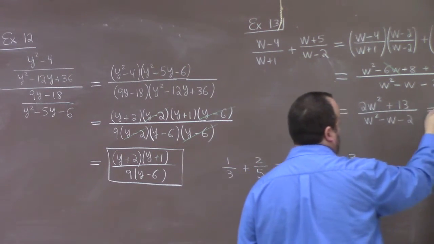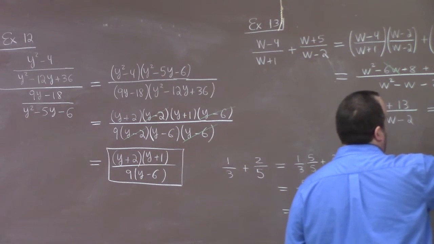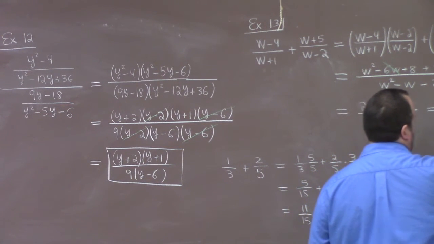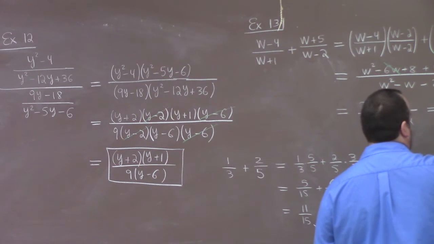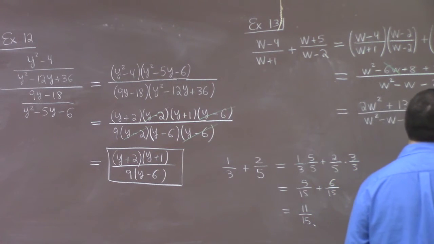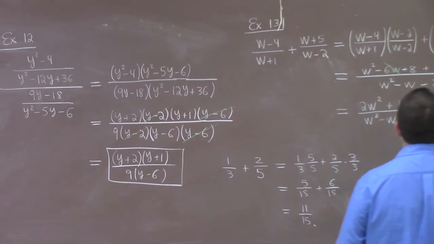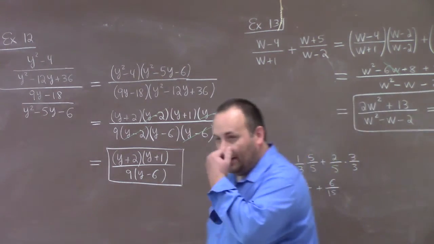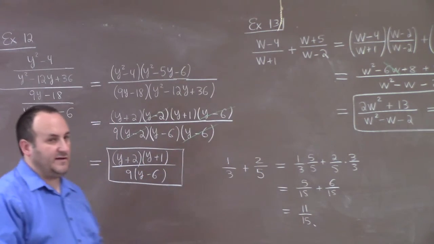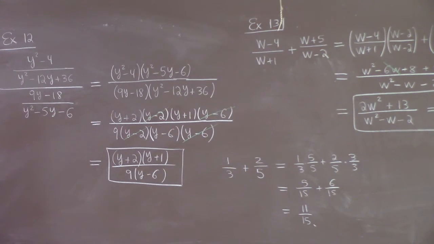Or you could also write this as 2w squared plus 13 over w plus 1 times w minus 2. I mean, these are equally good answers. There's not a unique way to write a correct answer for a simplification problem unless there's really, really precise instructions, you know?